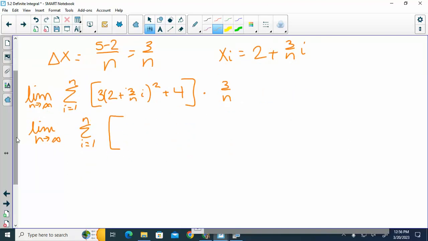So now we have a lot of algebra to do. So we have to square, distribute the 3, and also distribute that 3 over n. Okay? So think about FOILing. So that would be a 4 times 3 is 12 times 3 over n, so 36 over n.